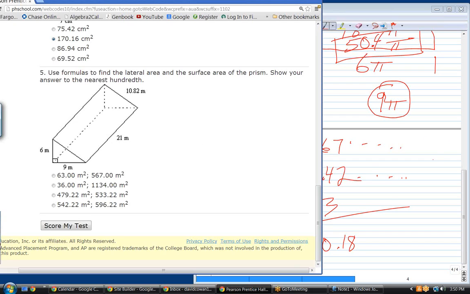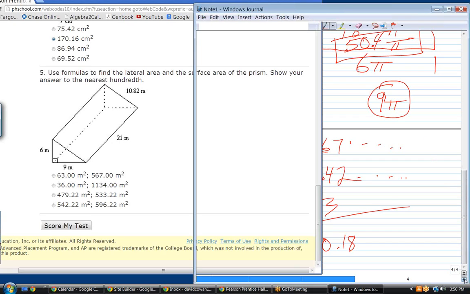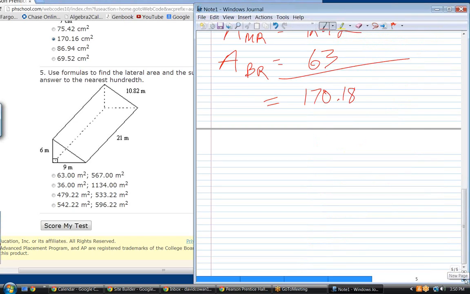All right. Okay, so let's first of all find the lateral area. And the lateral area has how many faces? 2. Look again. 3. Here's one, the slanted one. Here's another, the bottom.